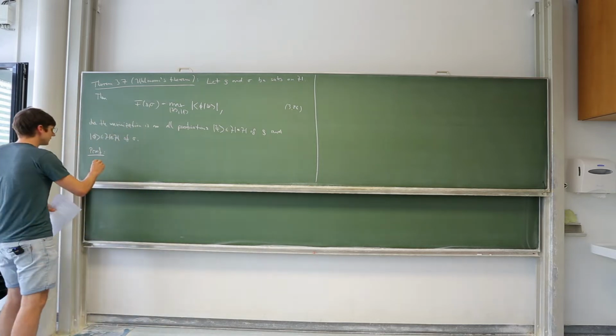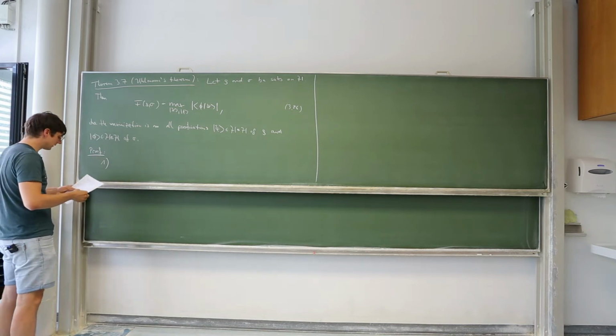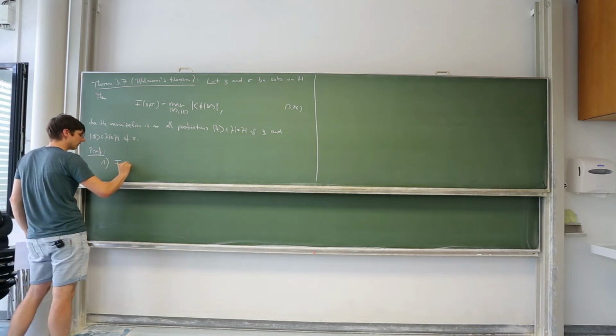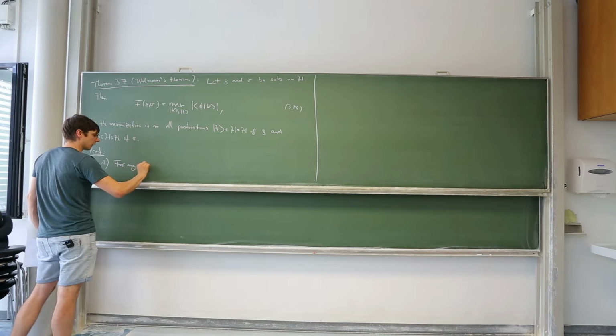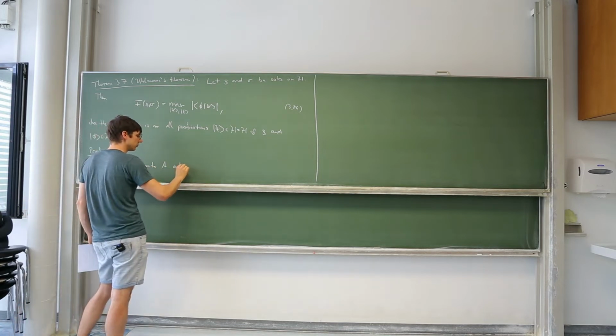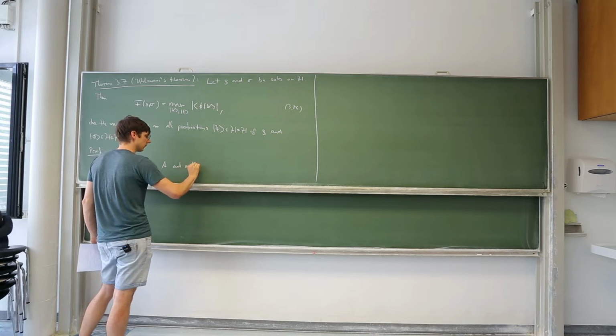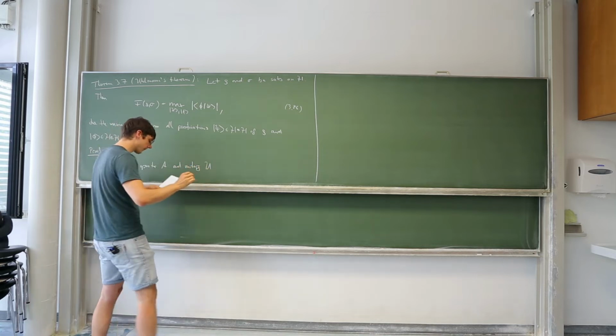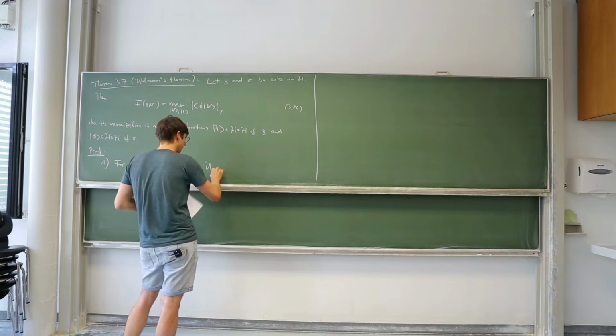So the first thing that we want to show is that for any operator A and unitary U, we have the following.